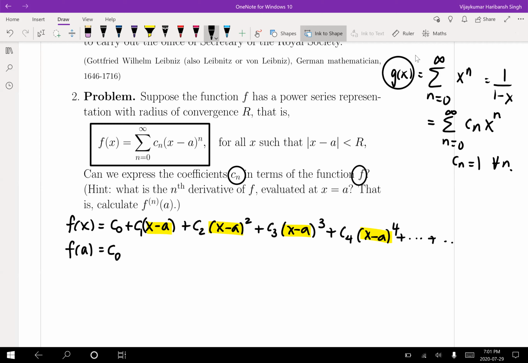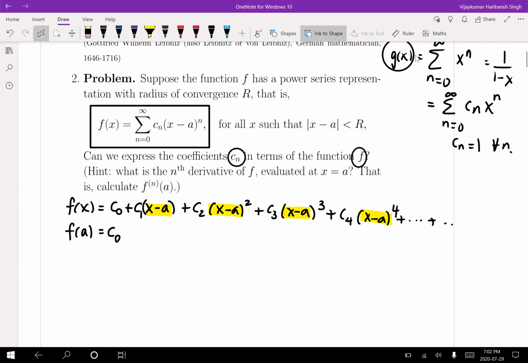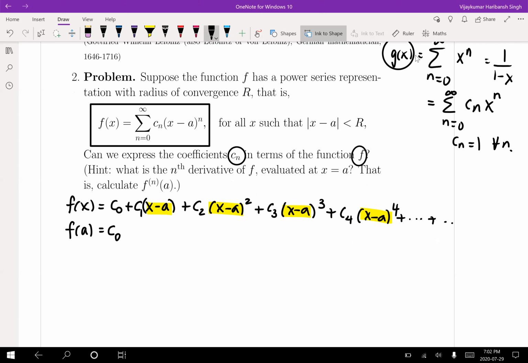So again, we are trying to find all the coefficients now. We got f of a equals c0. Now we want to find c1, right? So how do we go about that? In this case, we can take the derivative on both sides. So if we take f prime of x, what do we get?